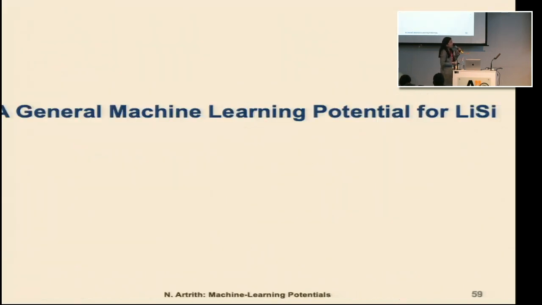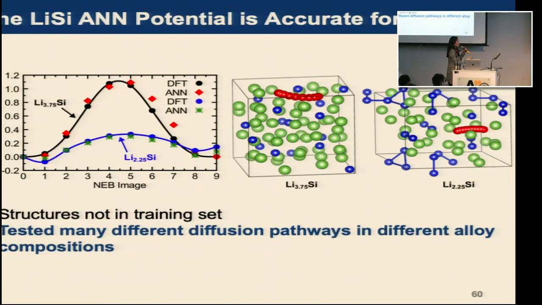And we also extend the data, and then we make it a general potential. Before we use it, we have to make sure that the potential is accurate, since we would like to use it to study things like diffusivities. So in this case, we check by looking at NEB calculations with many different channels.